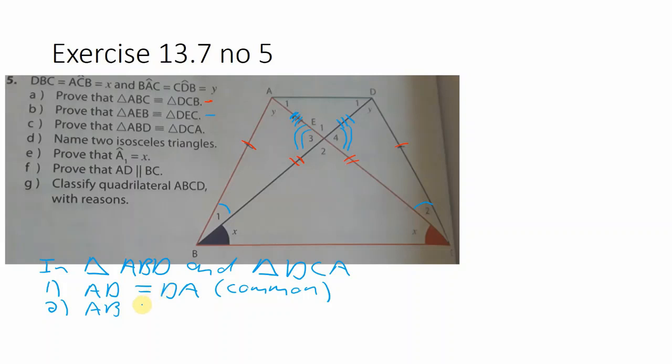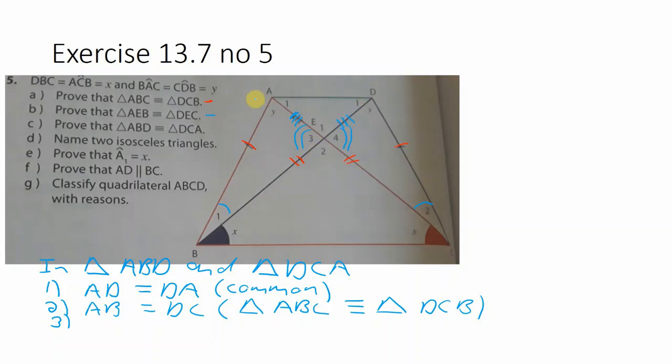That's due to triangle ABC being proven as congruent to triangle DCB. And then thirdly, when it comes to the body, we know that AC equals DB.